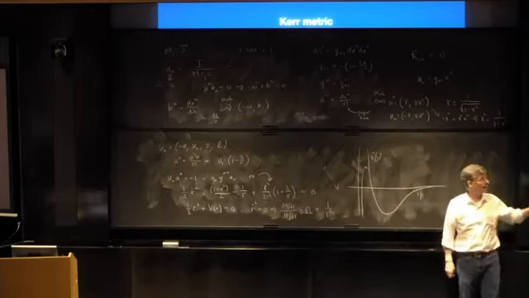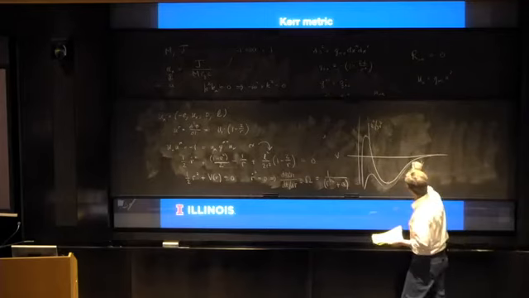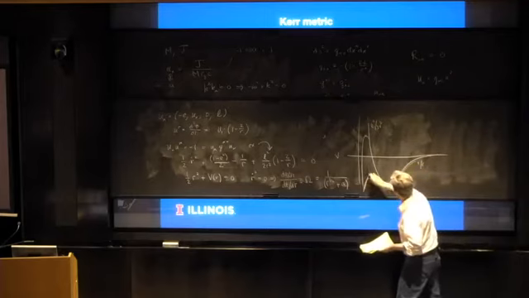Okay, so the final thing I want to do here is ask what happens as we lower the specific angular momentum and bring the circular orbit closer and closer into the event horizon. As we do that, this effective potential goes like this for lower angular momentum, actually not exactly like this, so it goes like this.